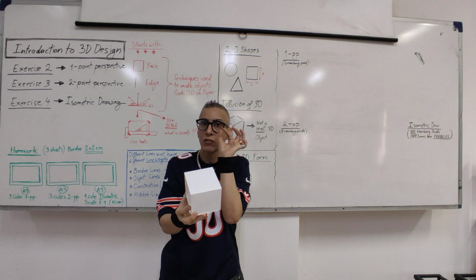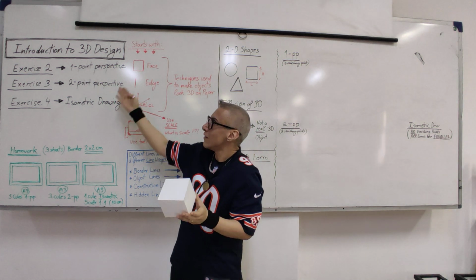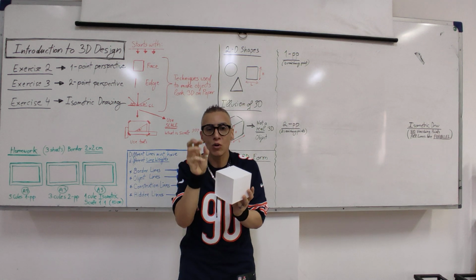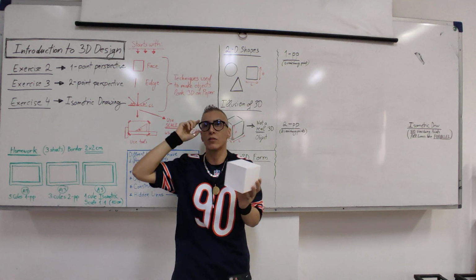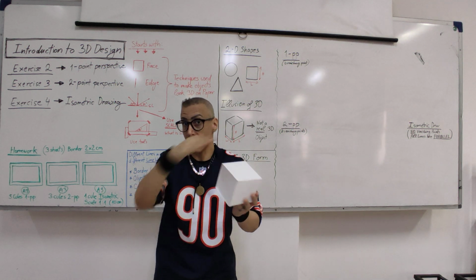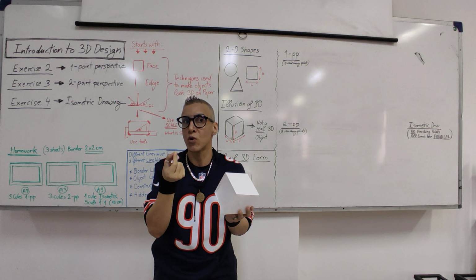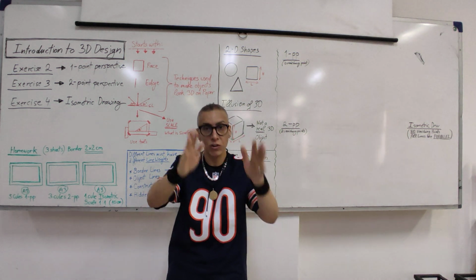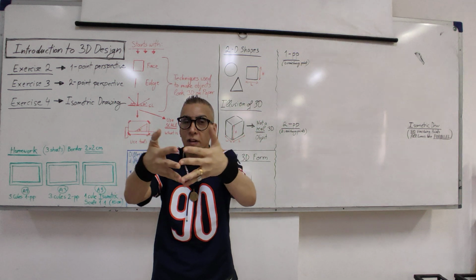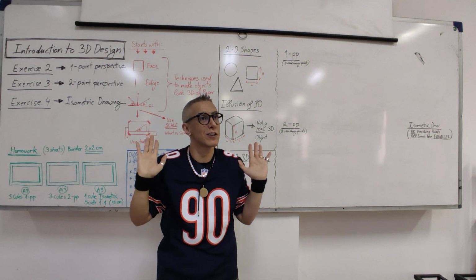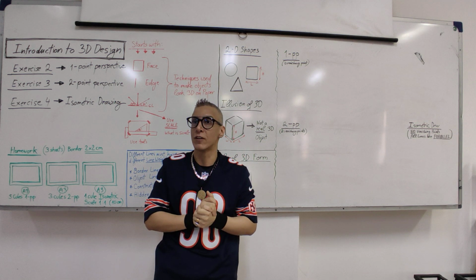So these are techniques of how to draw this correctly: how an object appears smaller and smaller as it goes further away towards the horizon. And for this, we need a horizon line and we need a vanishing point. Vanishing point means all the lines of the object will go towards this point, converge towards this point, and then at some point disappear. Totally, we will not be able to see it.